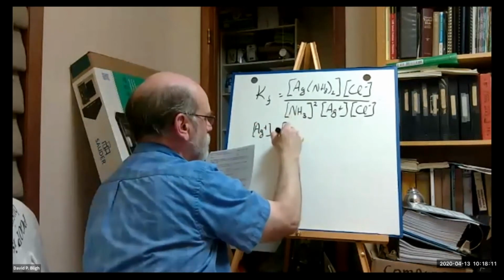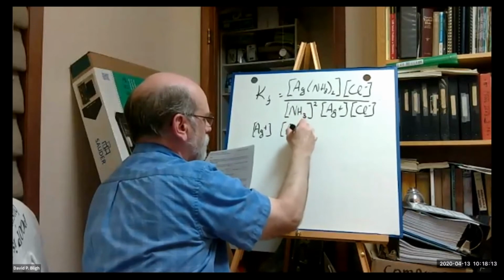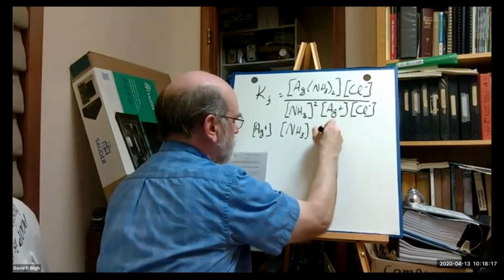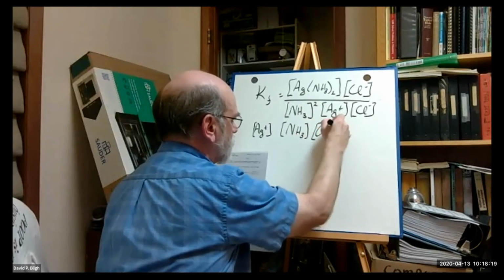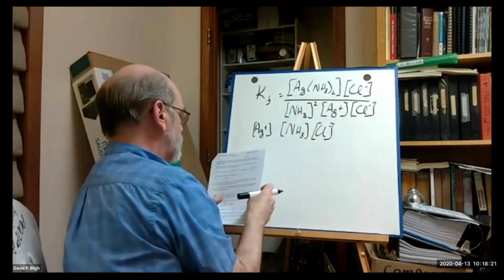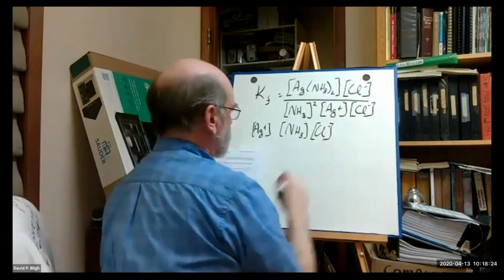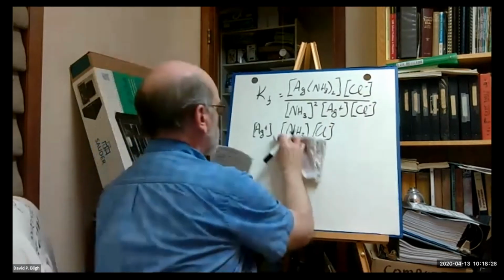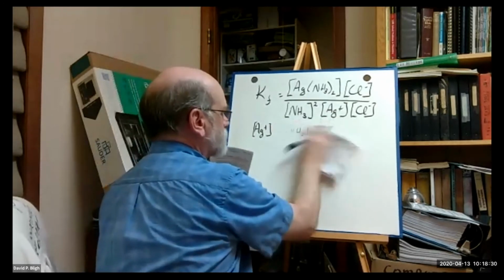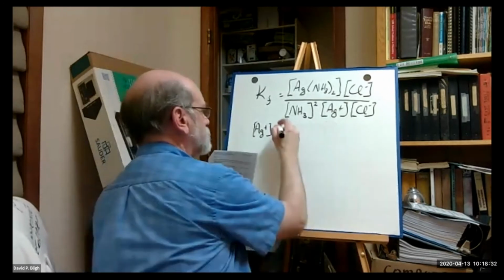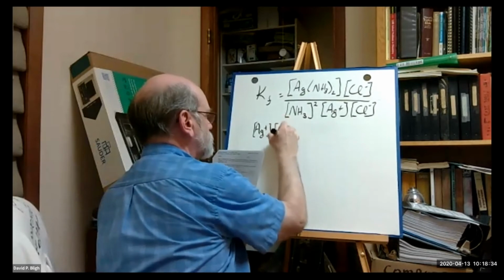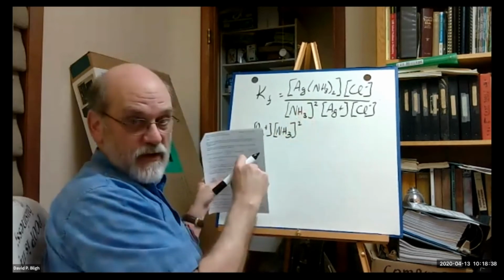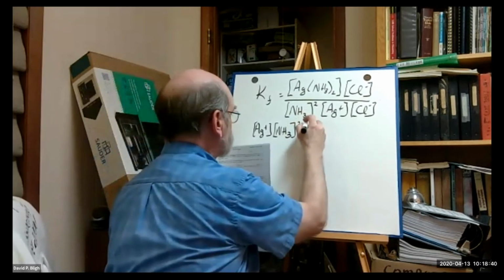Then ammonia. Then chloride as the reactant. Then I'm running out of room. Okay, hold on a second. Let's squeeze them a little tighter. Hopefully the video quality will catch all of this.